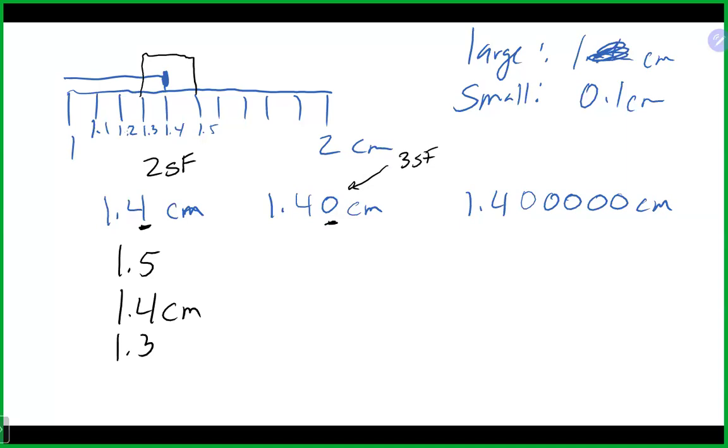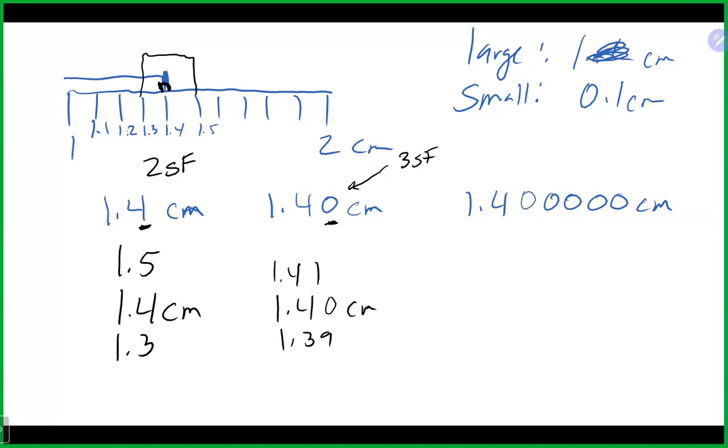So when you do this measurement, you're saying, I think it's 1.40, but maybe it's 1.41, maybe it's 1.39. You are now saying, I think we're somewhere in this area. A lot less error in that measurement, right? And a lot better of a measurement.